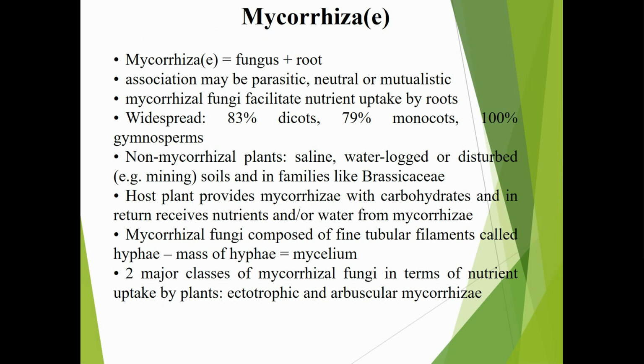It's a fungus and it's a plant, and the term mycorrhiza refers to the role of the fungus in the plant's rhizosphere. So if it's a mycorrhiza, it means that there is a fungus and it's in the root's rhizosphere, and together, whether it be parasitic, neutral, or mutualistic, they form a type of symbiosis, and they will work together in order to make it work.